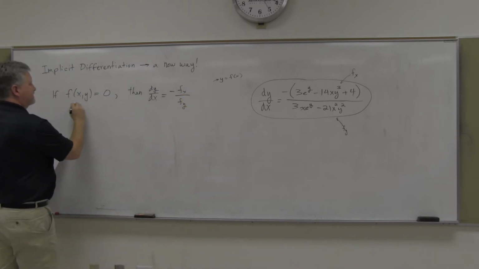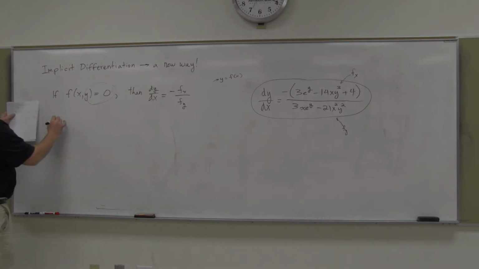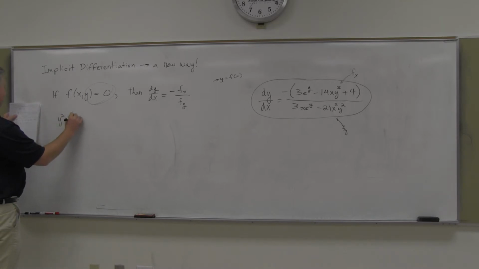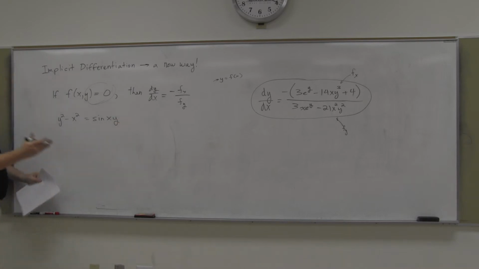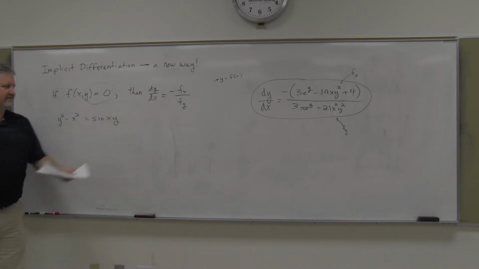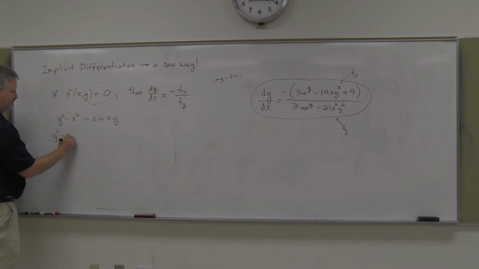So that is a key component of it, that you have a function of two variables equal to 0. So if I've got y squared minus x squared equals sine xy, well, I can't yet apply this to find dy over dx, because I don't have one side 0, but of course that's easy enough to fix.